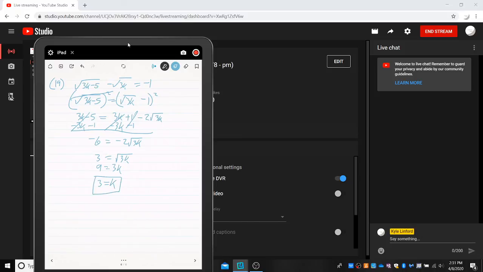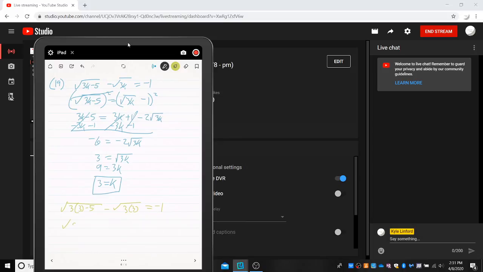Of course, we have to go and check this. Let's see here. We get the square root of 3 times 3 minus 5, and we're going to subtract from that the square root of 3 times 3, and we want to say that's equal to negative 1.